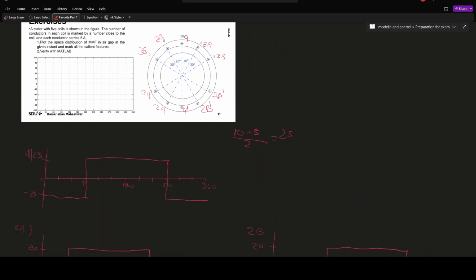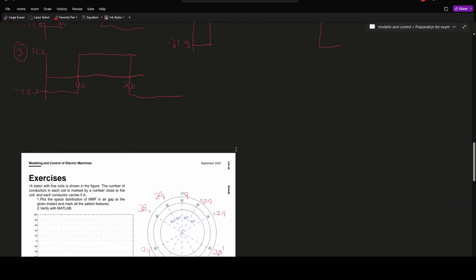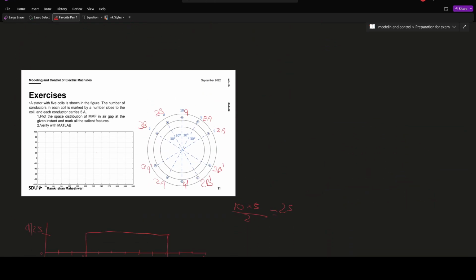Just to make sure that the point is clear, here we have 90 plus 30 plus another 30. Okay, here we have our coil, sorry. So we know that this is for 0 degrees. So we know that the flux is going this way.